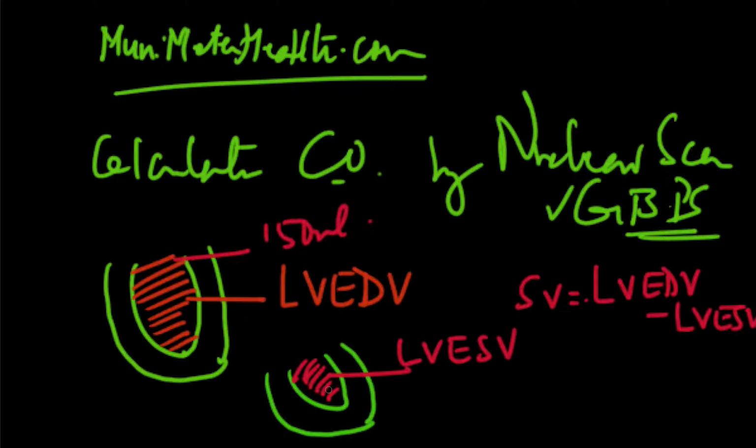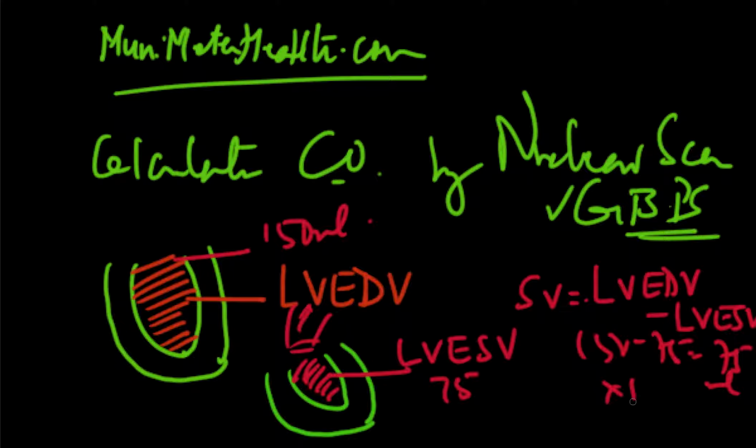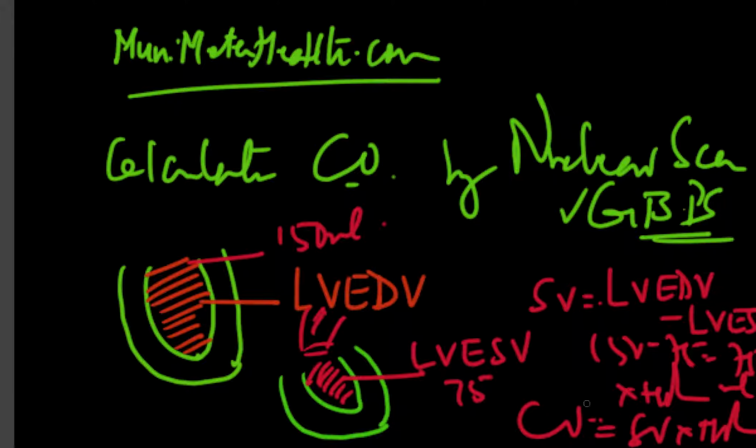When it's totally contracted and sends the blood up into the aorta, that is your stroke volume per beat going out. Say the residual volume remaining in the ventricle is 75 ml. So what is your stroke volume? It's 150 minus 75, which is 75 ml, and that's normal. 75 to 80 ml is normal, and times the heart rate will give you the cardiac output. As simple as that. Stroke volume times heart rate is cardiac output.